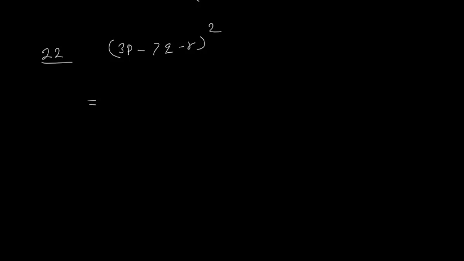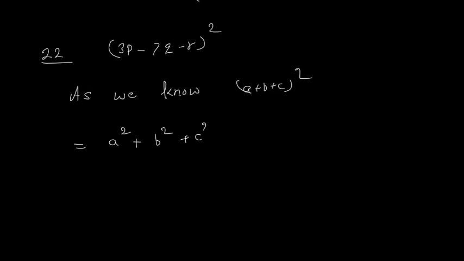So this way, a plus b plus c the whole square is what? We know that a plus b plus c the whole square is equal to a square plus b square plus c square plus 2ab plus 2bc plus 2ac.